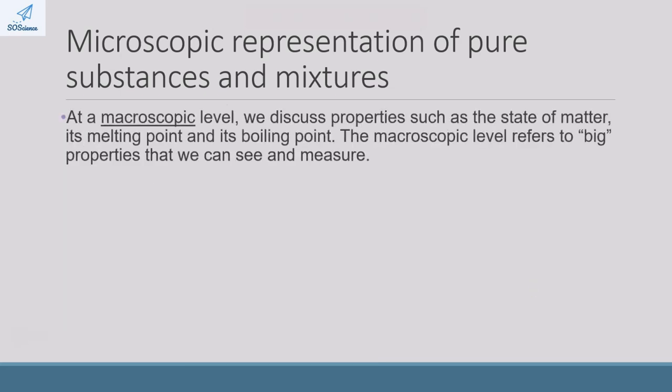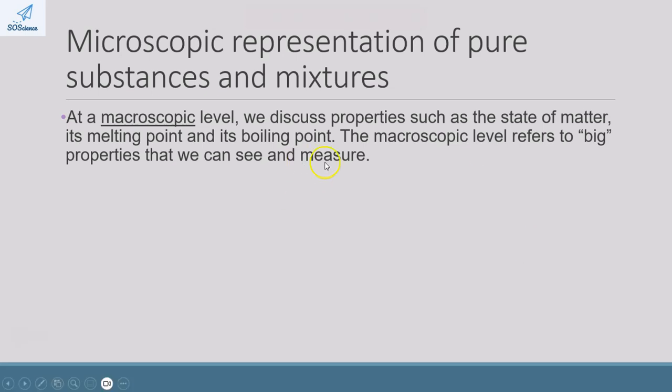Now, what is a macroscopic level? Well, if microscopic level is the level of the very small things, the macroscopic level is where we discuss big properties, things that we can actually see, like the state of the matter. We can see if a substance that's in front of us is in solid form or liquid form or gas form.